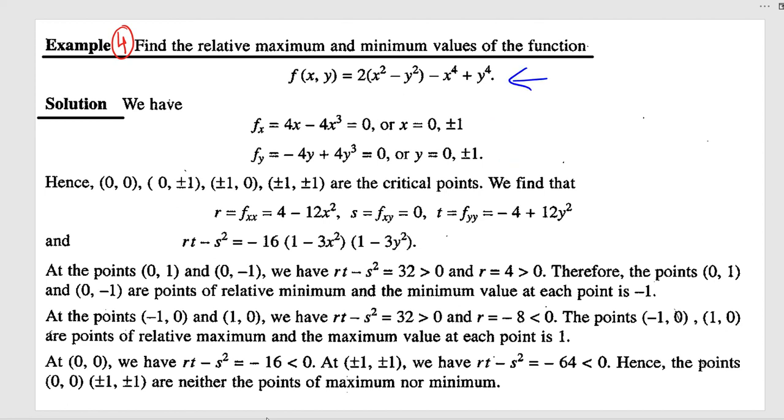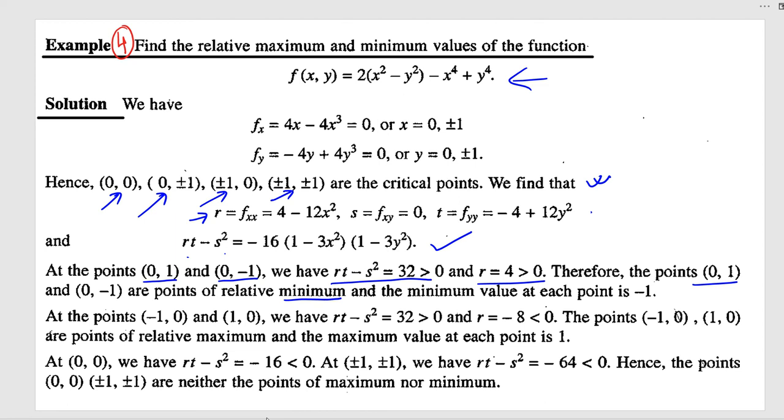There are several critical points, and you have to find out these relations, whether all are positive or not. And you calculate RT minus S square. Now you have to verify at these points (0, 1) and (0, -1), we have RT minus S square greater than 0 and R greater than 0. So therefore, these points are actually relative minimum.